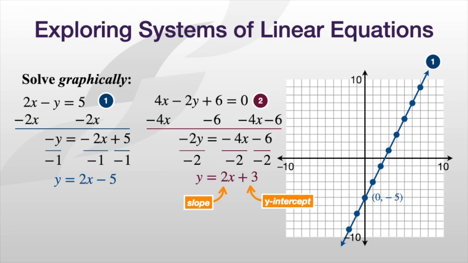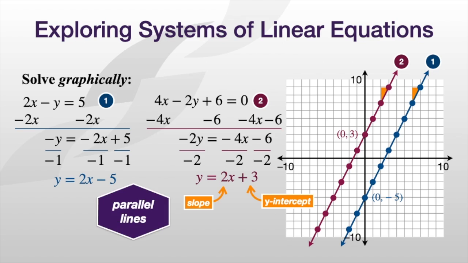Applying this information, as we did earlier, produces the following line. Notice that the slopes of the two lines are the same, while the y-intercepts are different. The lines are parallel. They do not cross or touch one another. Therefore, this system of equations has no solution.